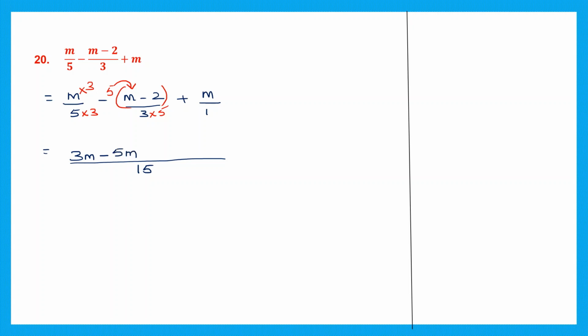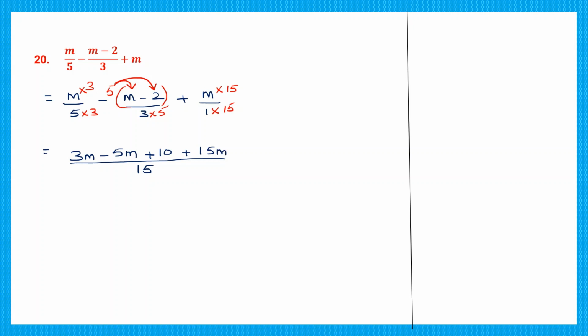Now let's multiply minus 5 into minus 2. Minus into minus is plus. 5 2s are 10. Let's go to the next one. 1 into 15, and so m into 15 is 15m, so that is plus 15m.